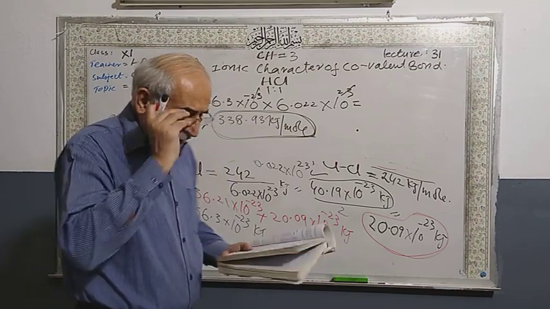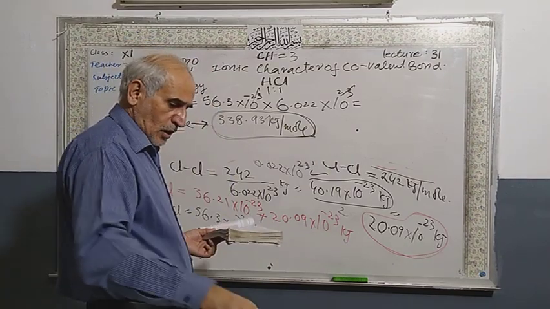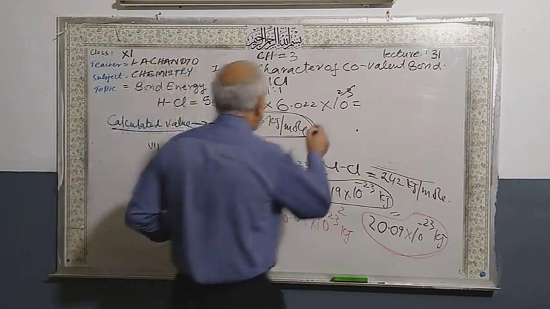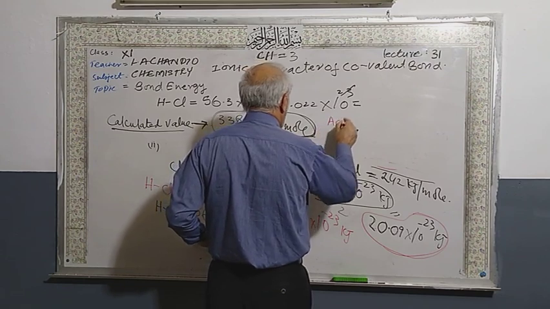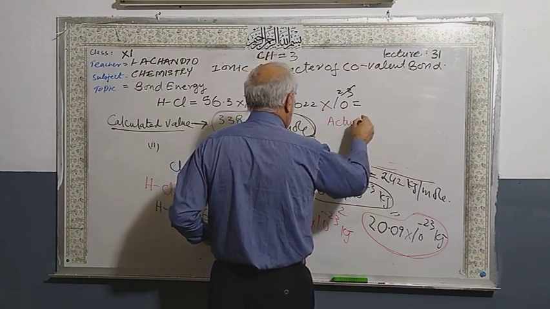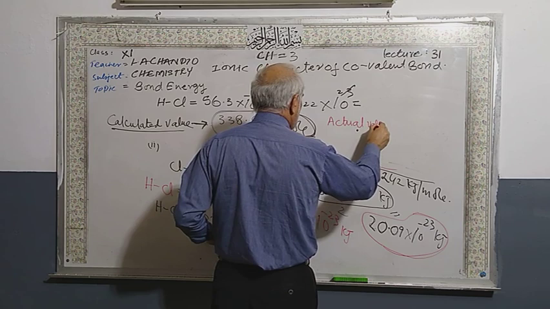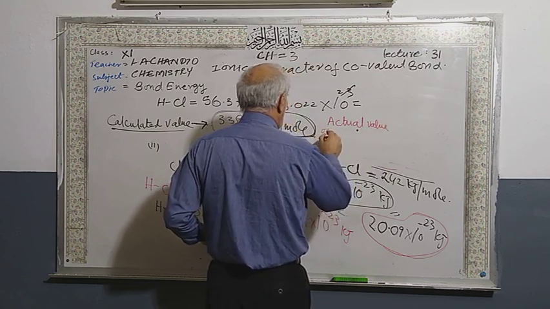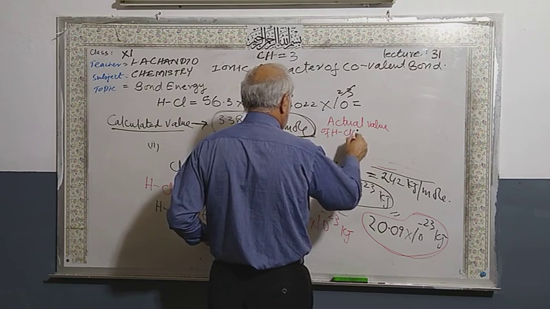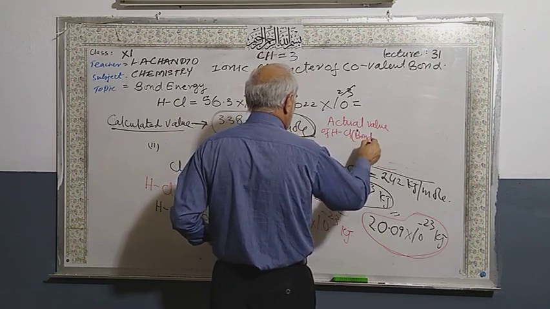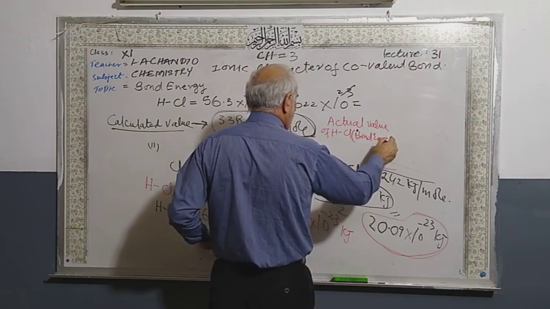So the experimental value we call the actual value of HCl bond energy.